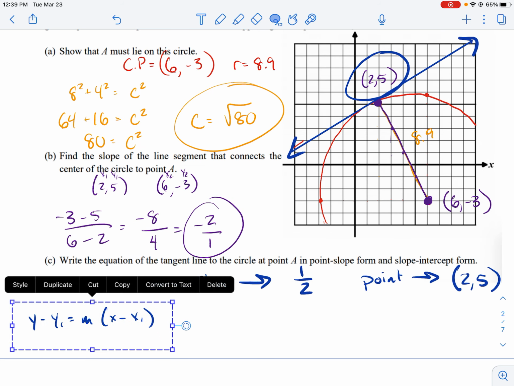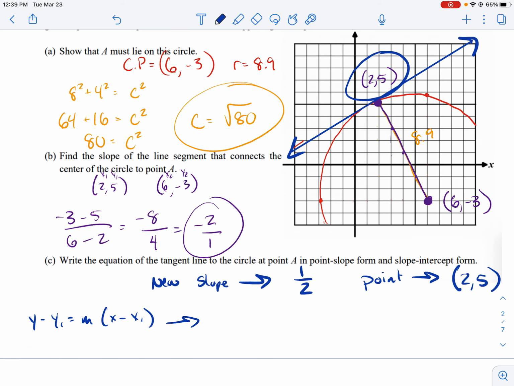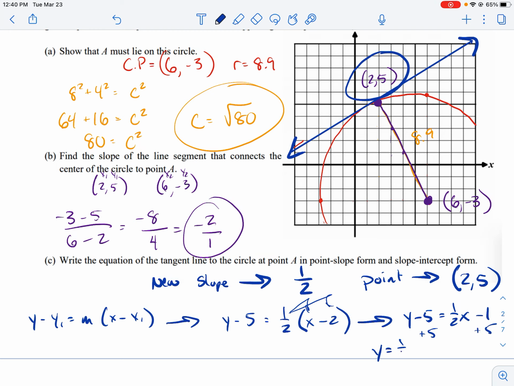Okay, so let's just plug in the blanks here. This is going to be y minus 5 is equal to 1/2 x minus 2. So that's point slope form. And then we distribute this through, bring the 5 over to the other side. So let's see, y minus 5 is equal to 1/2 x minus 1, plus 5, plus 5. So y is equal to 1/2 x plus 4.